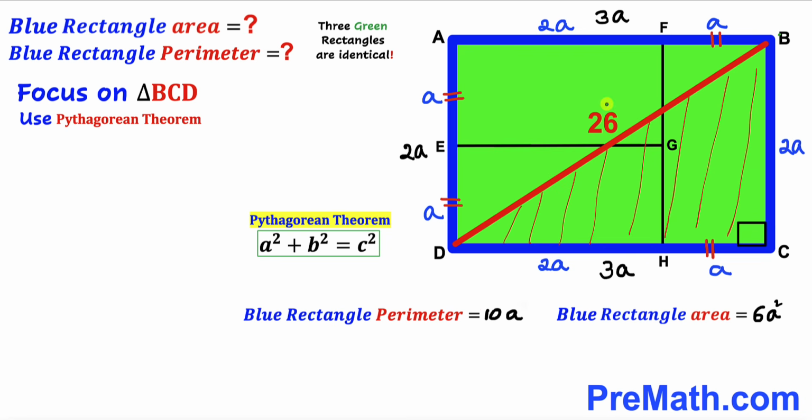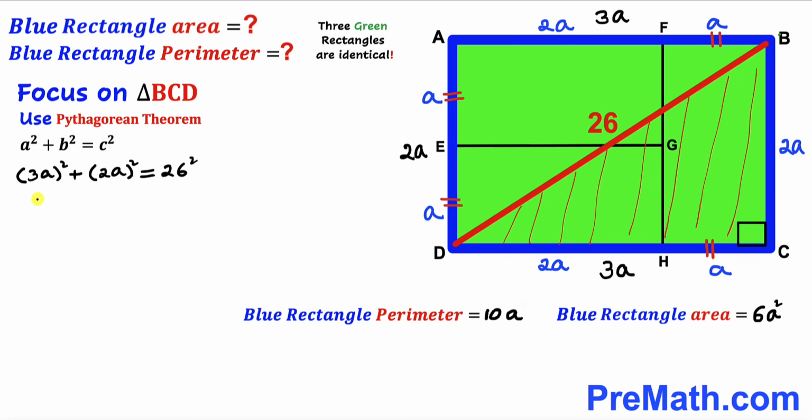In our case, our hypotenuse is 26, whereas our two other legs are 3 times a and 2 times a. Let's fill in the blanks in this formula. So we got 3a whole square plus 2a whole square equal to 26 square.